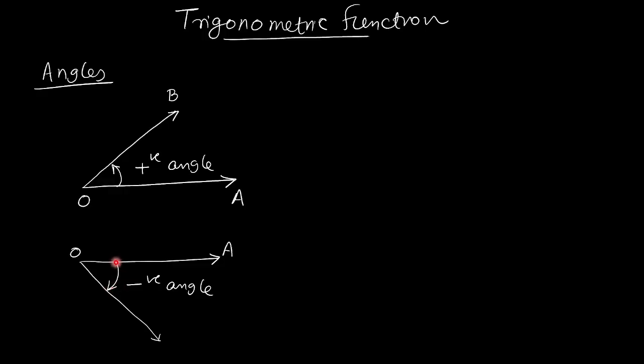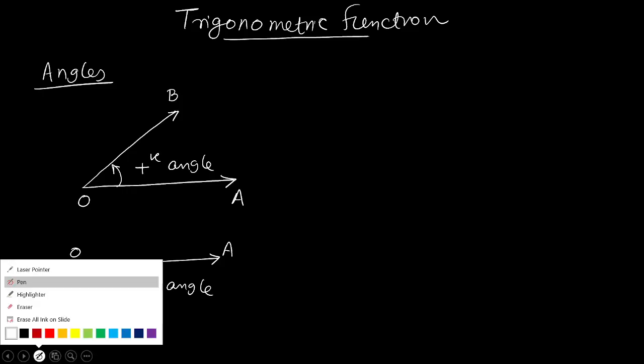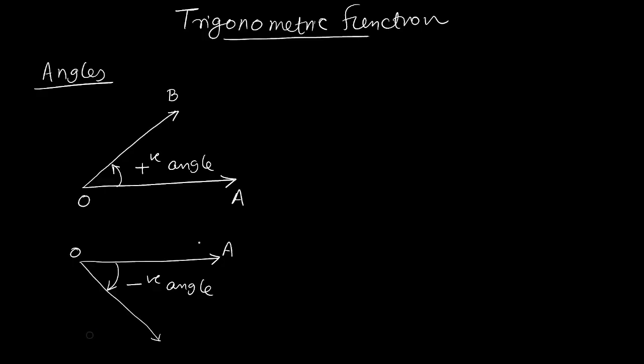So if the OA is rotated in clockwise direction, then such angle is said to be negative angle. Understood? Yes, sir. All of you clear? Rakshana, you understood? Yes. Okay. The definition is not important for us, but remember, positive and negative angle is important.